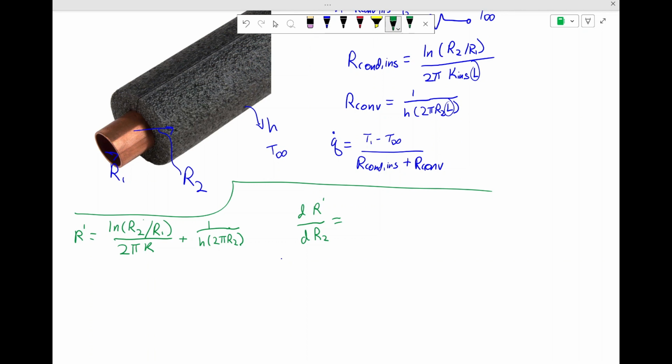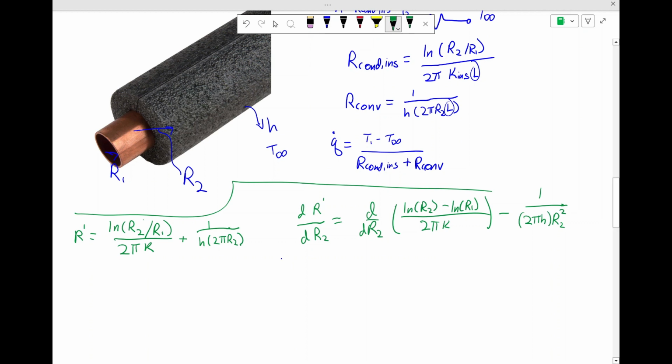We'll go through this term by term. For our first term, when we take that derivative, we can expand this out. So this is d/dR2 of the natural log of R2 minus the natural log of R1, which is a constant here, over 2 pi K. And for our second term, since R2 is in the denominator, the derivative is just going to be minus 1 over 2 pi H R2 squared.